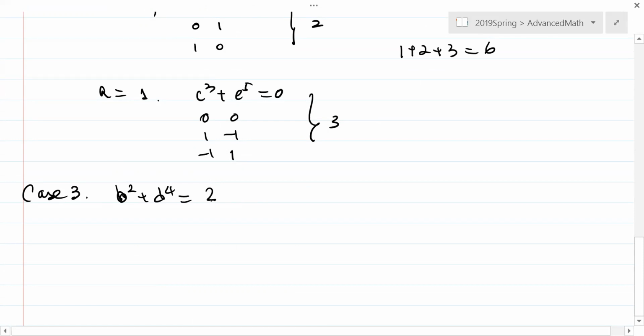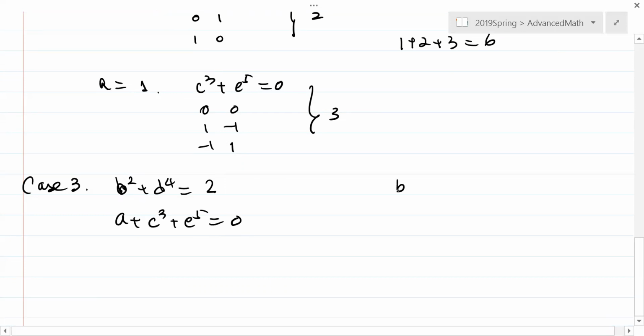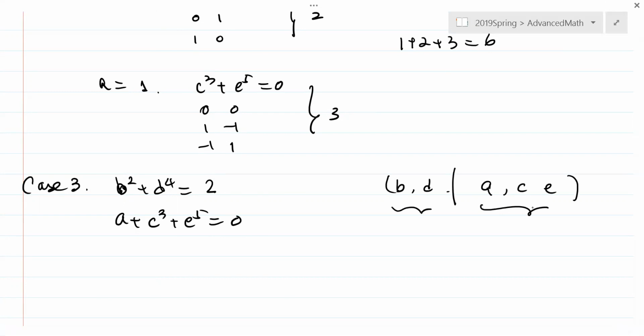Okay, in this case, a plus CQ plus e to the 5th is going to be 0, right? So you still have B and D and A, C, E. You have to figure out how many possible solutions for the pairs of B and D, how many possibilities from A and C and E, right?